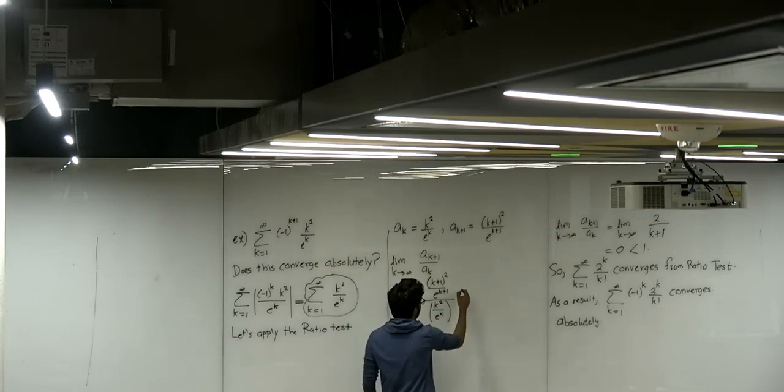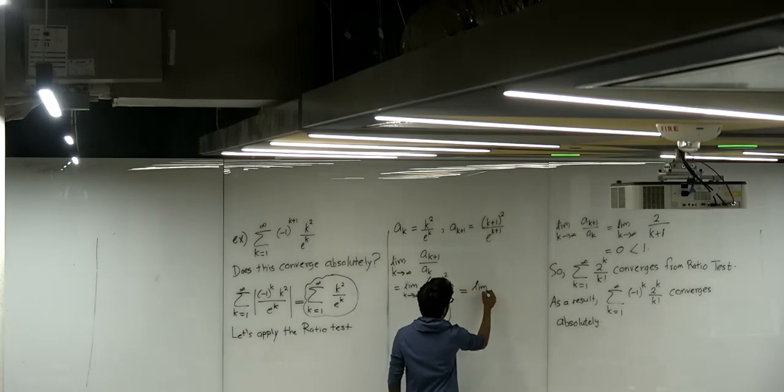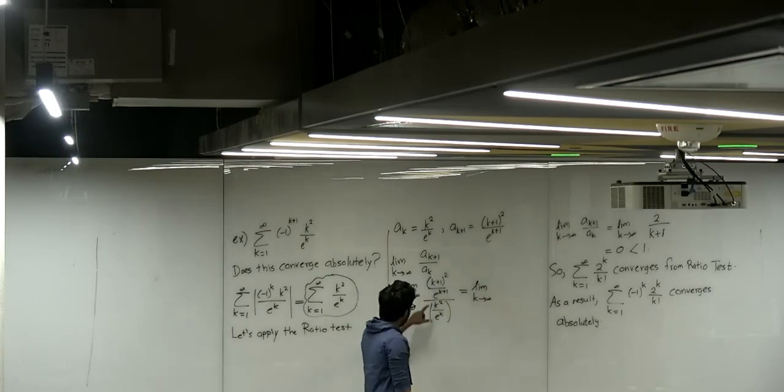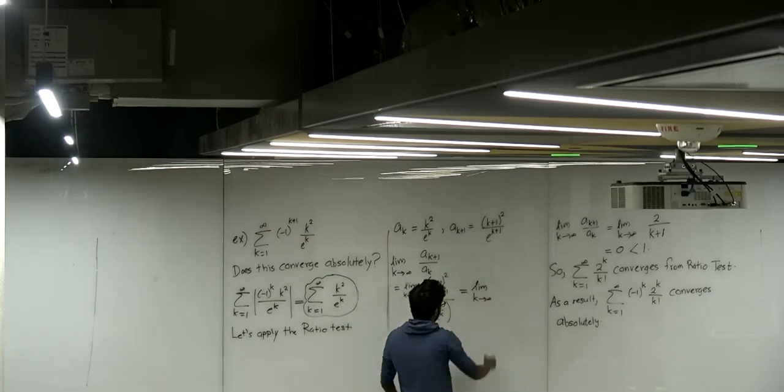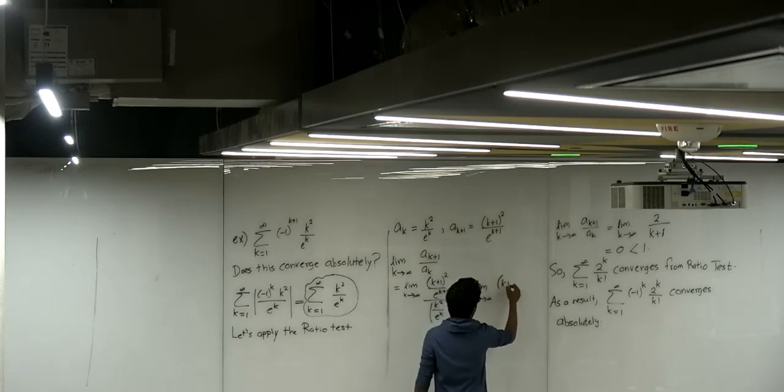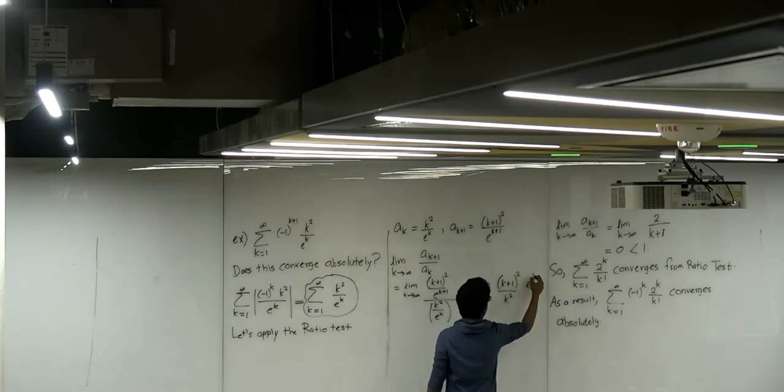Okay. So this is equal to the limit as k tends to infinity. If you divide these two, you would get (k plus 1) to the power 2 divided by k to the power 2, and e to the power k divided by e to the power (k plus 1). Okay.